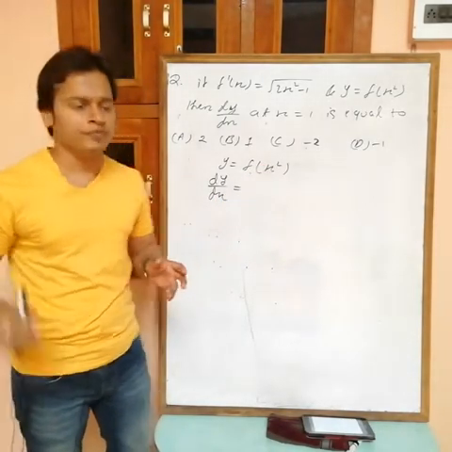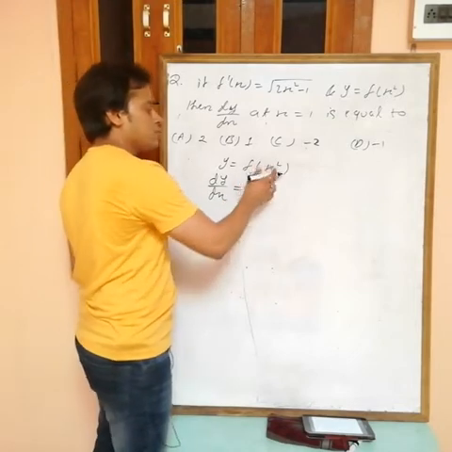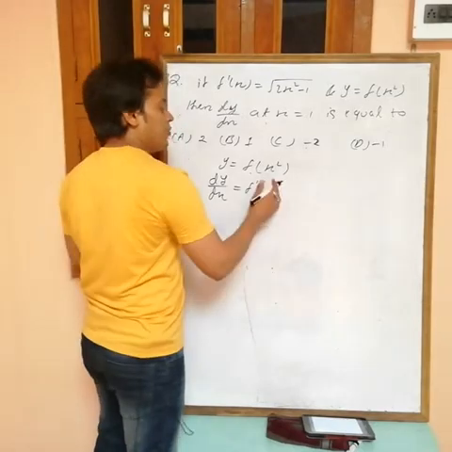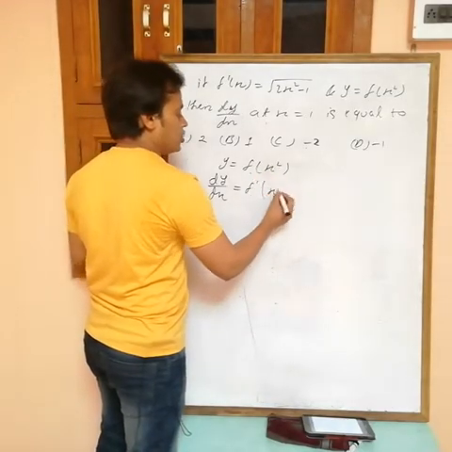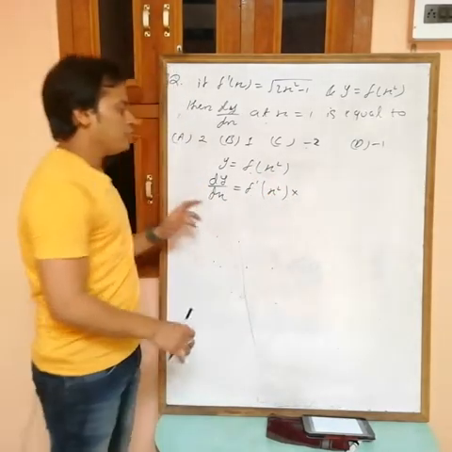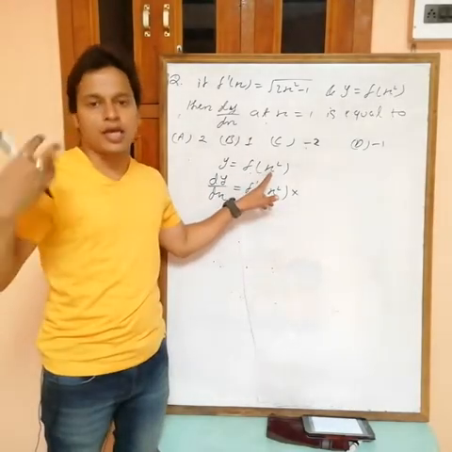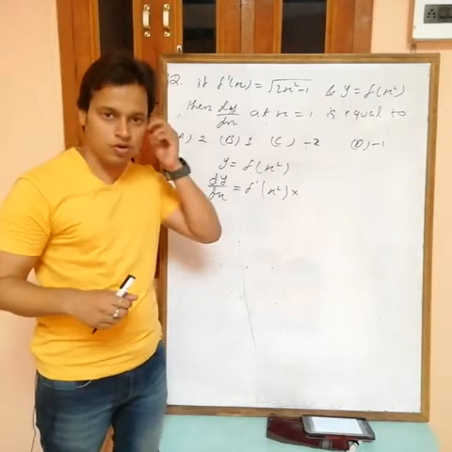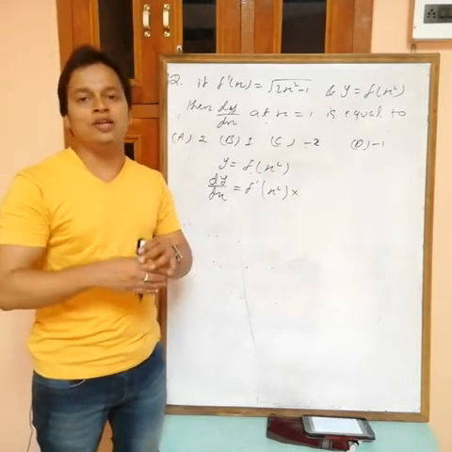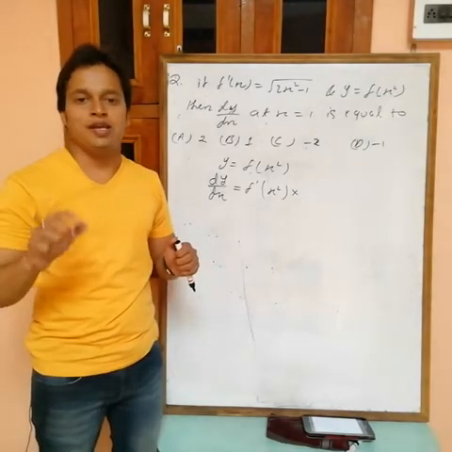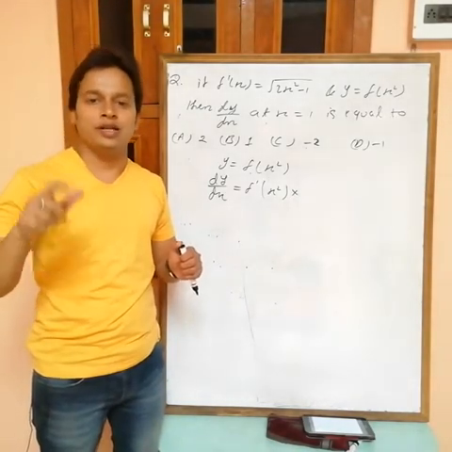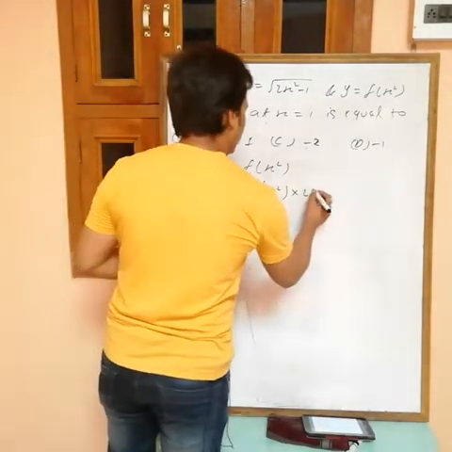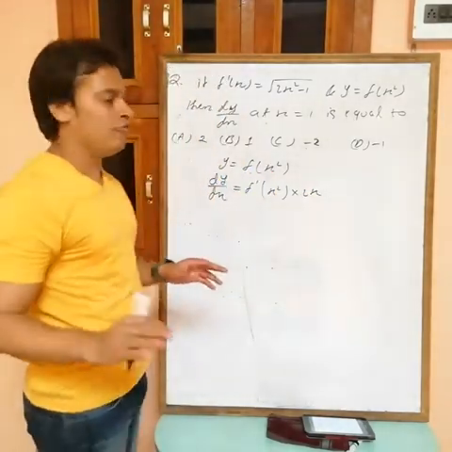If I assume x square as x, then this is like f of x, and its differentiation is f dash x, but in the place of x we have to put the assumed x. Because we are assuming x square as x, we have to differentiate the assumed x again and multiply with this. So always multiply by the derivative of the assumed x. Anytime you assume anything as x, differentiate it and multiply. So the differentiation of x square is 2x. I am multiplying, so this is the value of dy by dx.